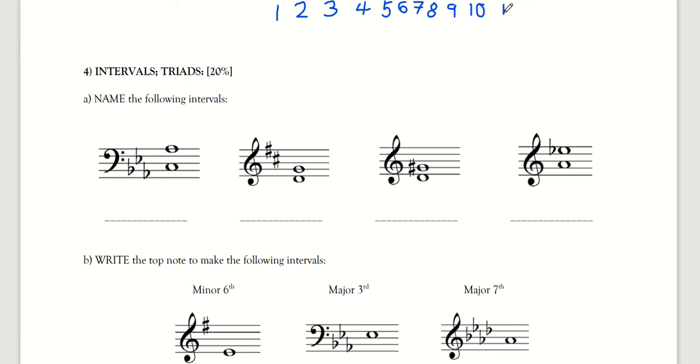Then underneath it, I'm going to write out the sequence of minor thirds and major thirds that is based on semitones. This will make a bit more sense in a sec.